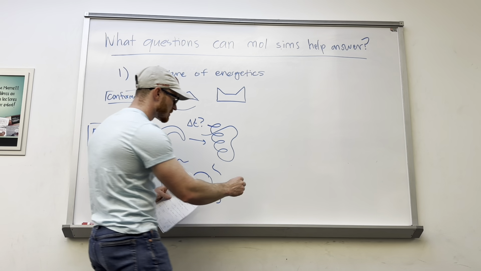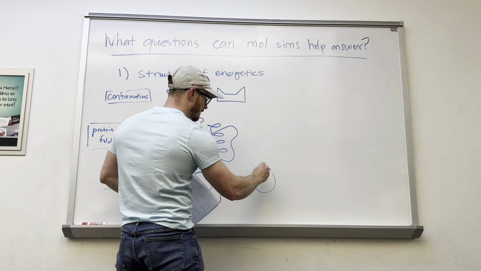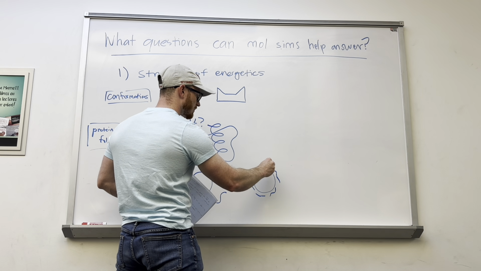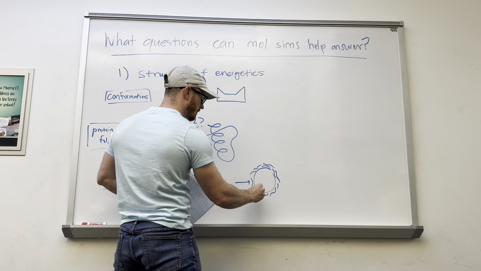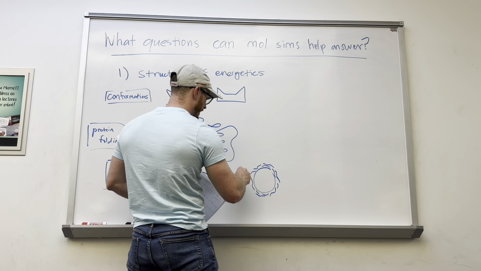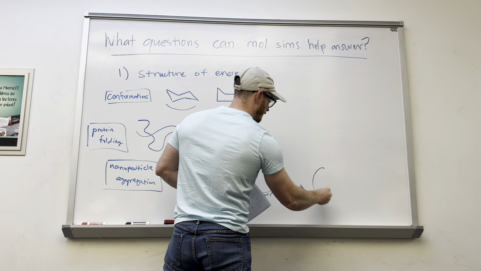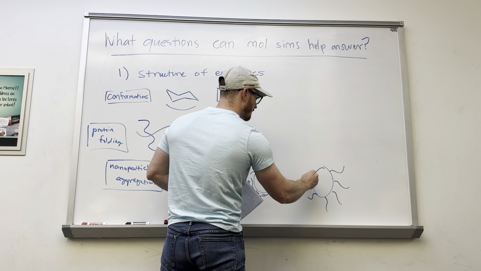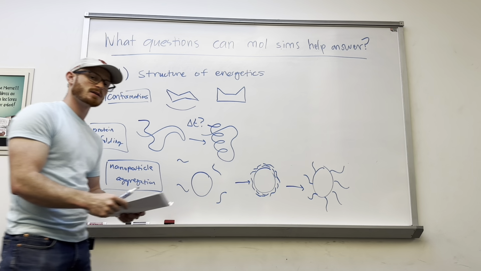What types of structures do they form? Do they land on the surface and coat it and lay flat and make some sort of weird adsorbed layer here? Do they instead form hair-like particles that extend off? What is the lowest energy state of the system?